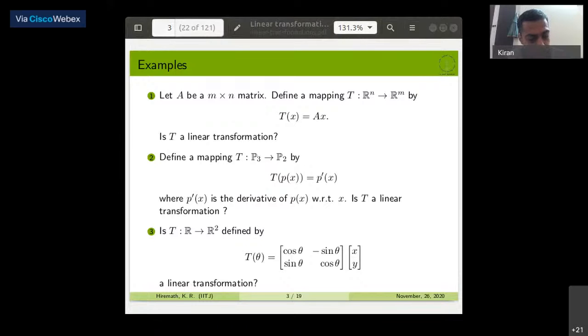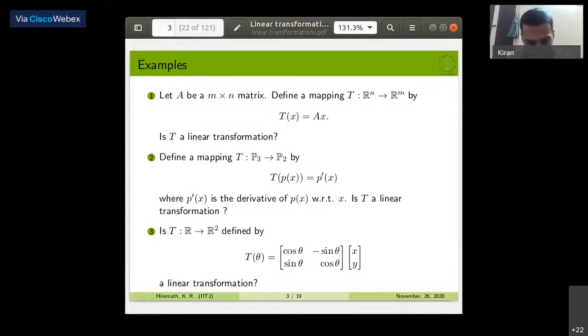So it's also important to have geometrical interpretation. Is this a linear transformation? How do we verify if it is a linear transformation? It's a rotation by an angle theta.